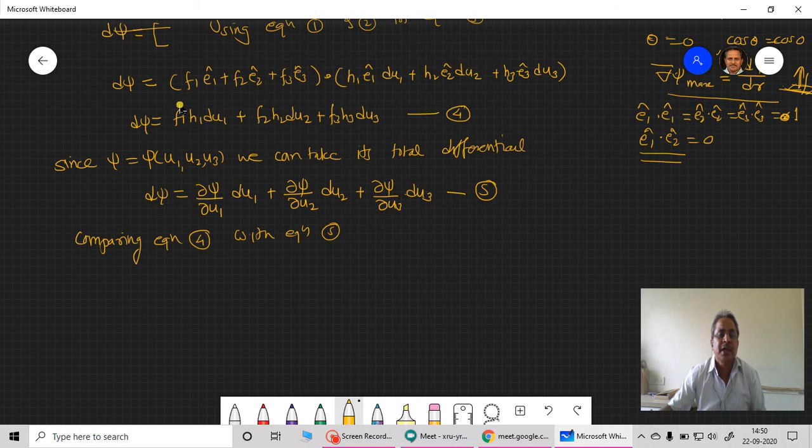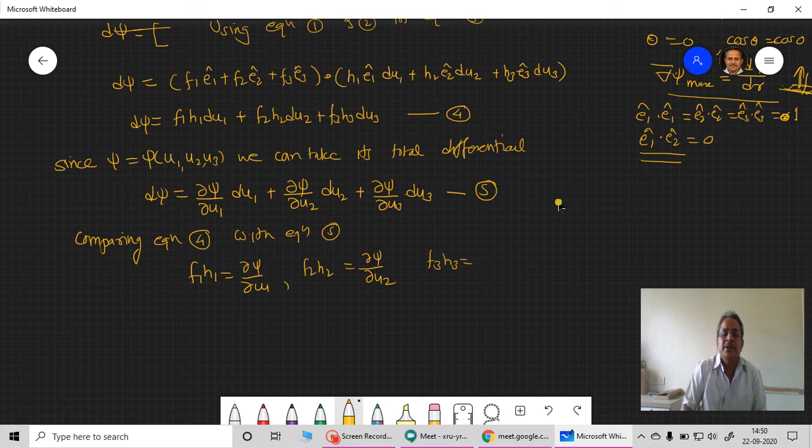So this quantity f1 h1 is nothing but this, f2 h2 is nothing but this, f3 h3 is nothing but this. So we get f1 h1 is equal to ∂ψ/∂u1, f2 h2 is equal to ∂ψ/∂u2, and f3 h3 is equal to ∂ψ/∂u3.